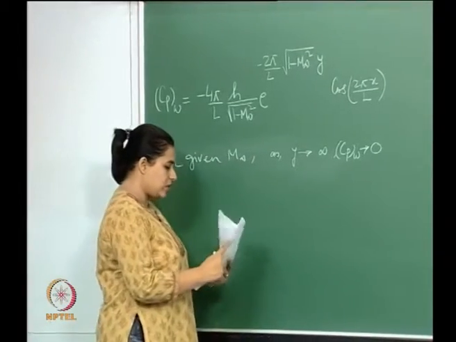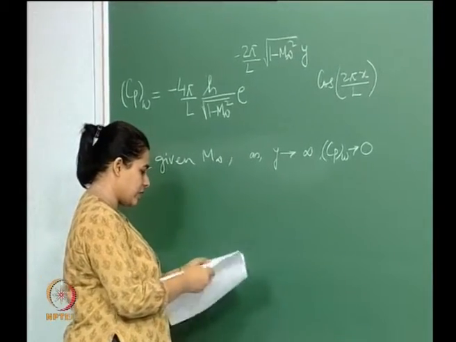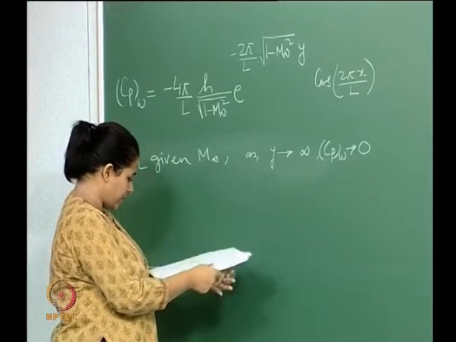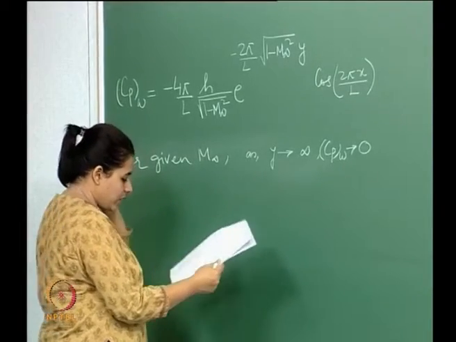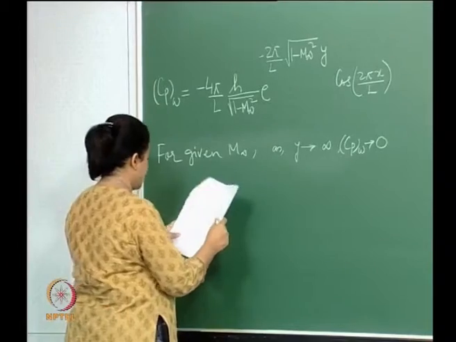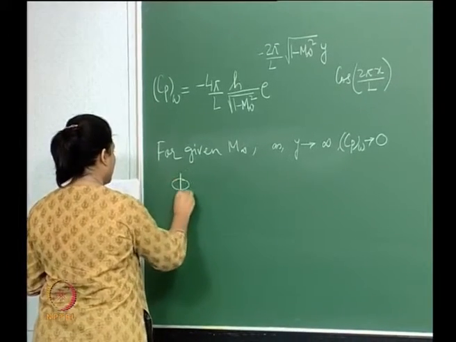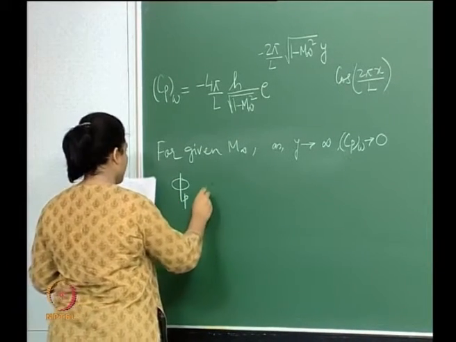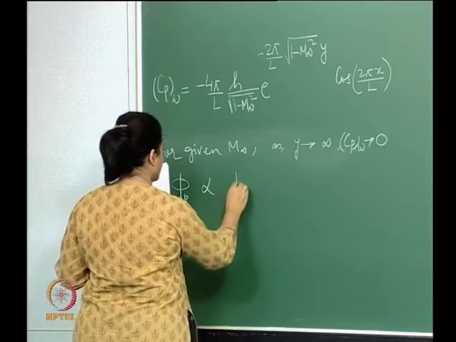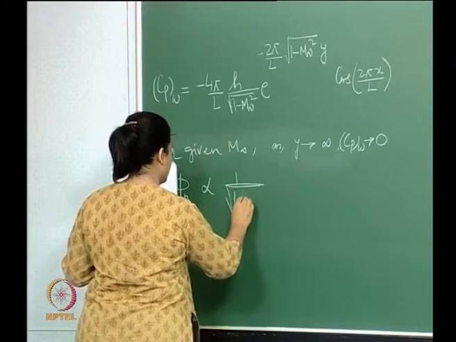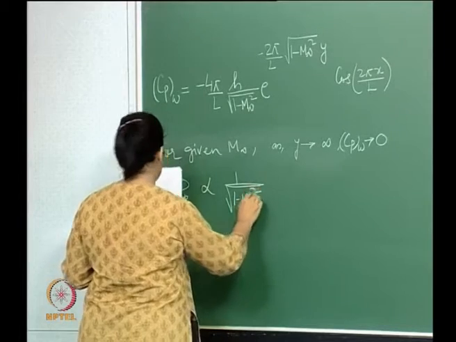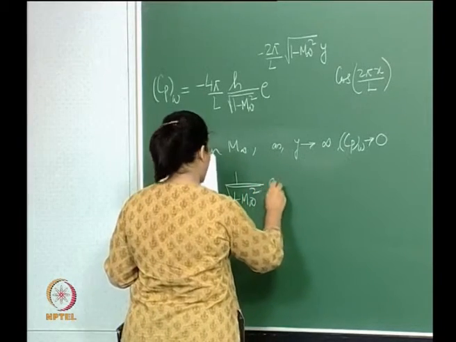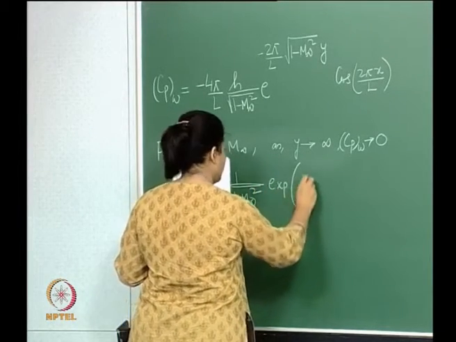Okay, now let's look at, say, the perturbation velocity potential, right? For example, if you look at this, the perturbation potential is proportional to essentially an exponential.